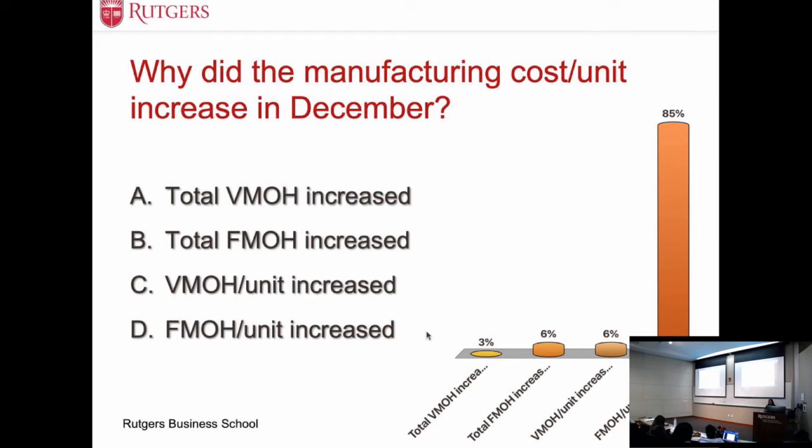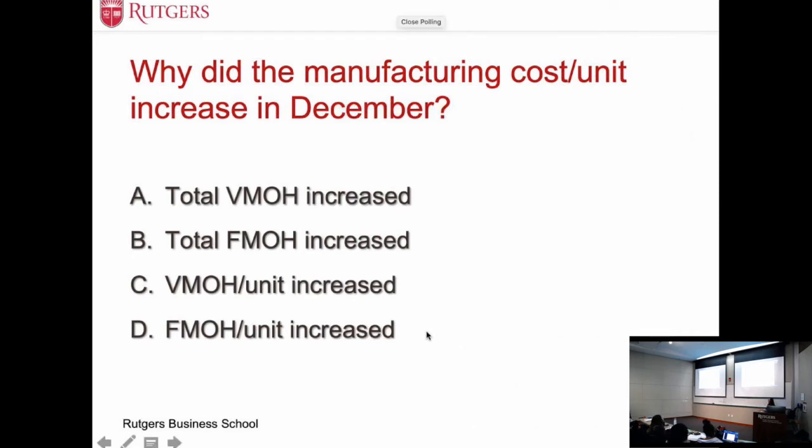So here's the clicker question, right? Why did the manufacturing cost per unit or the unit production cost increase in December?